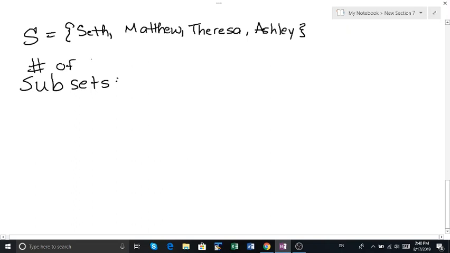So first we need to figure out the cardinal number of this set, which if you remember from Thursday's lesson is just the number of elements. So there's 4. And then we plug it into our formula. So 2 to the 4th power, which is 2, 4, 8, 16. So there are 16 subsets.